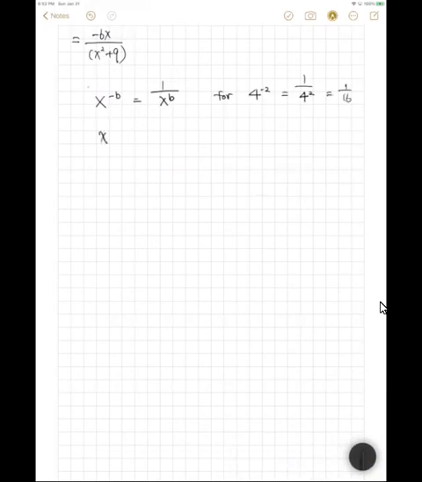If we have x to the 1 over a, that's equivalent to the a-th root of x. For example, 8 to the 1/3 power is equivalent to the cube root of 8, which equals 2. Okay?